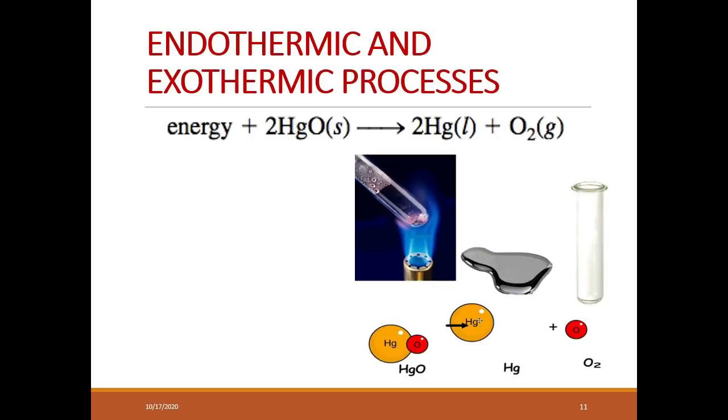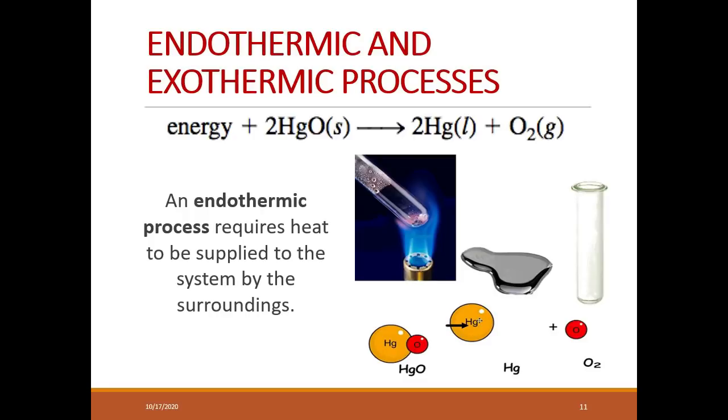The decomposition of mercuric oxide at high temperature is an endothermic process wherein energy is supplied to the system. The system here is mercuric oxide, liquid mercury, and oxygen gas. So, an endothermic process requires heat to be supplied to the system by the surroundings.